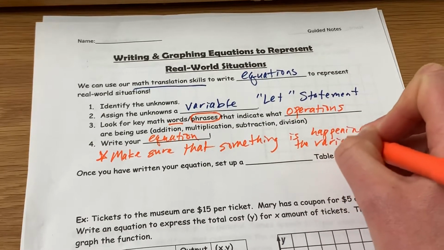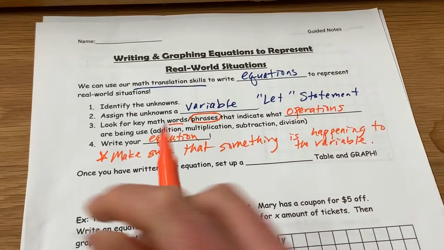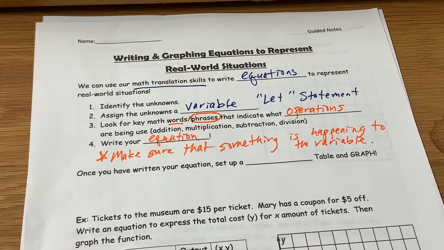Do not have it be x equals 2 times 5. That is not an equation. What we would have to say is something like x divided by 2 equals 5. So make sure your variable is not alone.